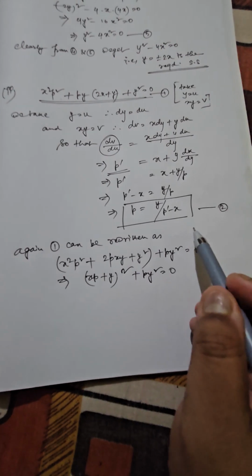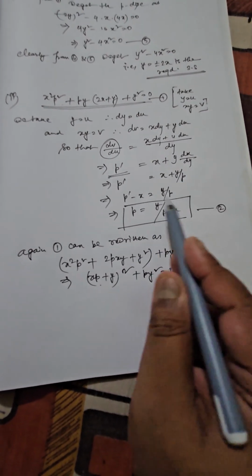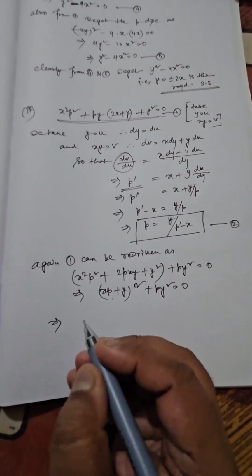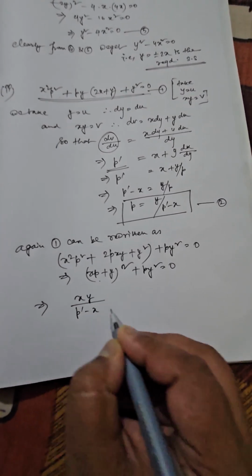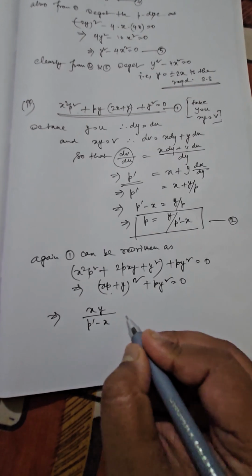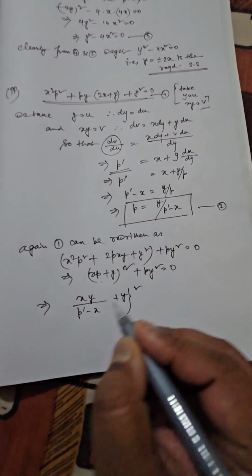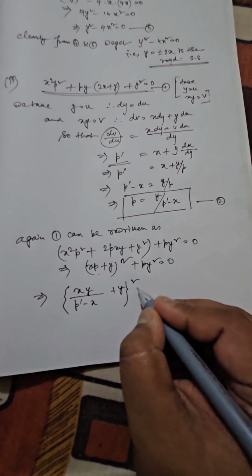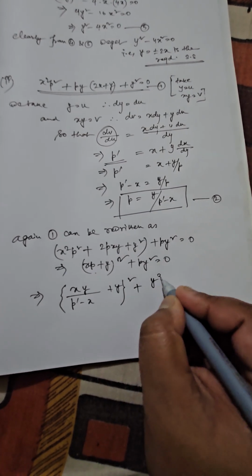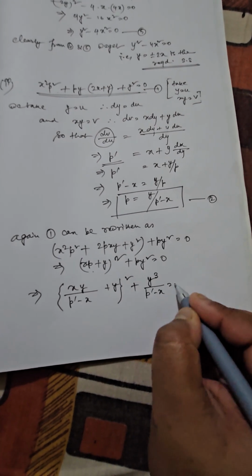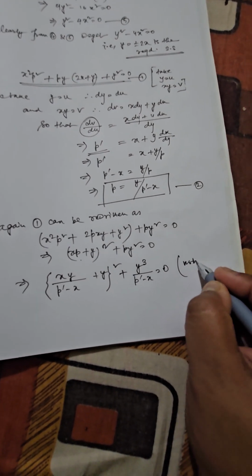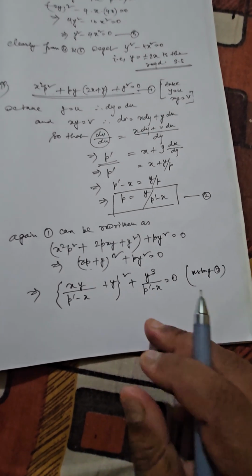Now let us replace p by this quantity. So we can write xy by p dash minus x plus y whole square, then y into y square, that is y cube, by p dash minus x. So in the side note you can write we have used equation number 2.